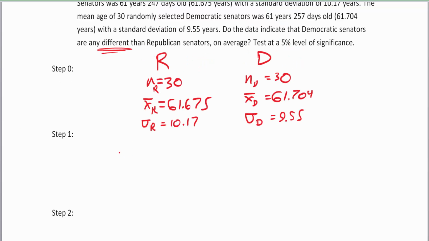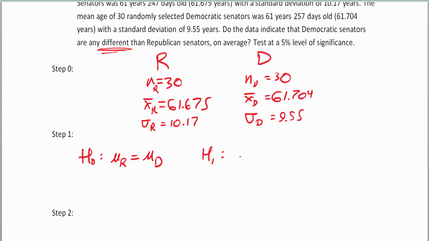So step one, we're going to have our null hypothesis right here, where mu sub R is equal to mu sub D. And of course, since we're using a sample, we're going to assume that if the samples are not rare, then the averages are going to be fine for the population.